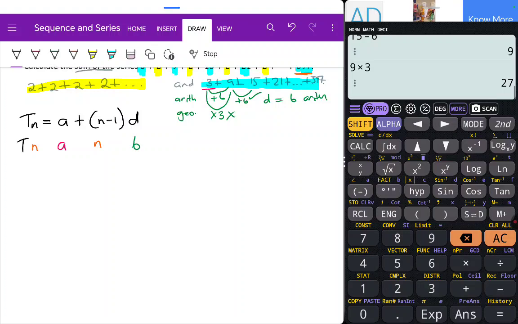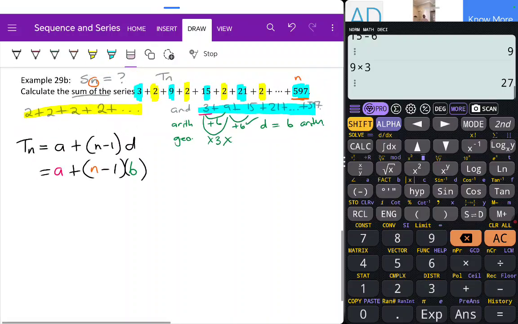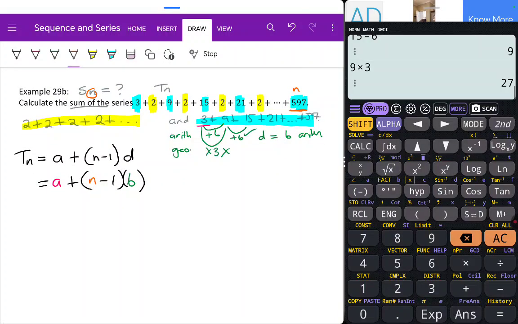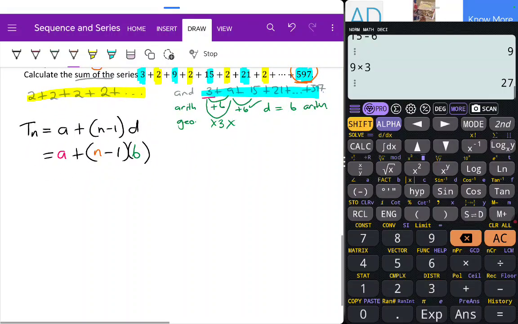So Tn equals a plus n minus 1 times d. Let's solve. We know what Tn is because this last one is Tn, so this is 597. So far, so good. Why did I put a in there? We need a number. That number is 3.